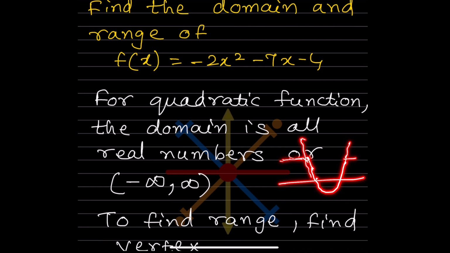So this will be minus infinity to infinity. So usually we write minus infinity to infinity for the domain of a quadratic. Domain means all the x values.